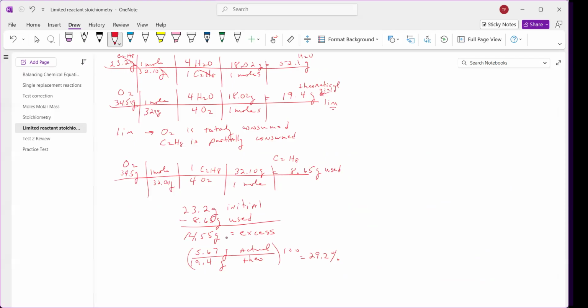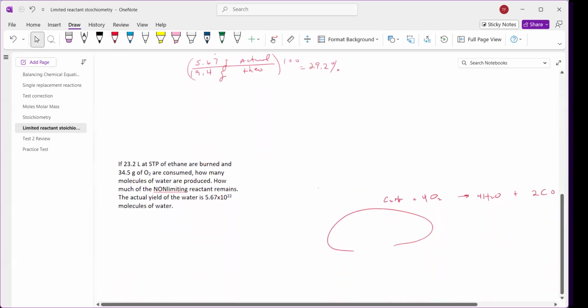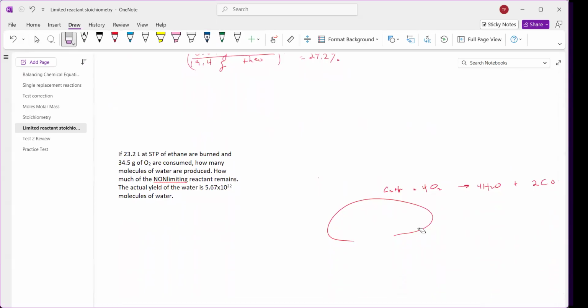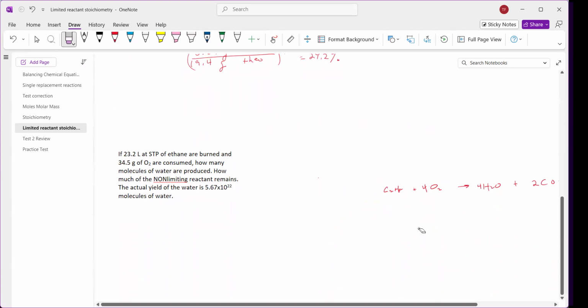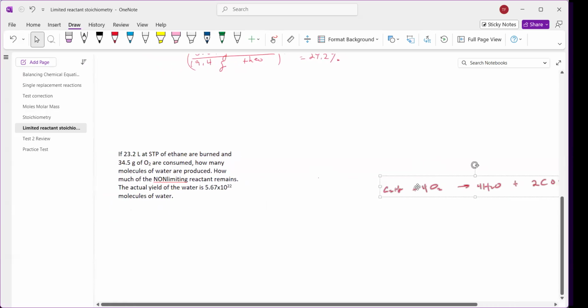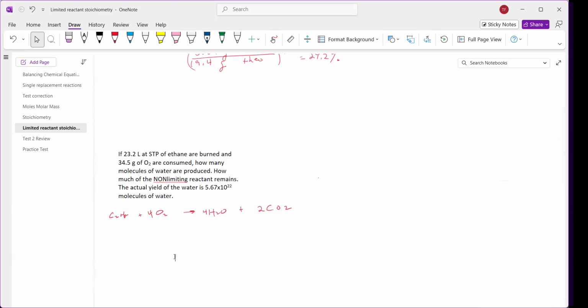Okay, let's do another one. If these kinds of questions are going to be on the test, are they going to come balanced, or do we have to balance them as well?